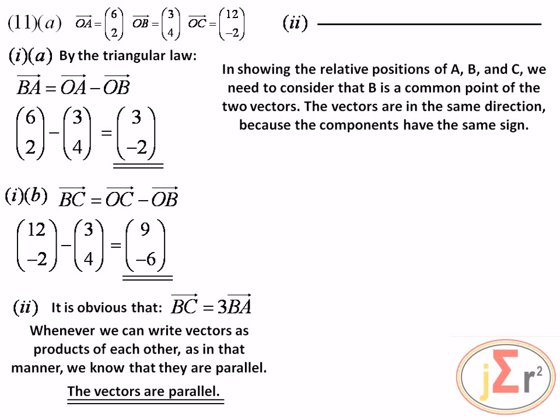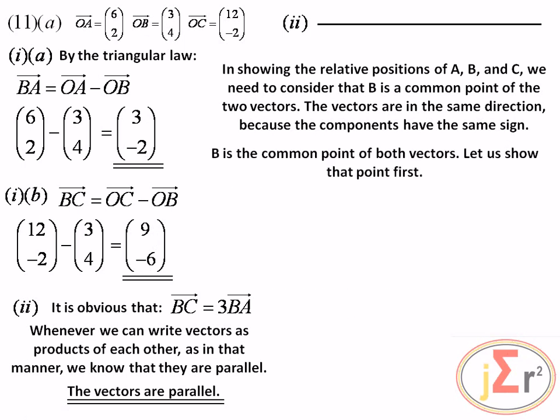The vectors are in the same direction because the components have the same sign. Notice that we have a positive 3, a positive 9, a negative 2, a negative 6. Therefore, the vectors are going in the same direction. So we are sure of that. And the common point is B. B is the common point of both vectors.